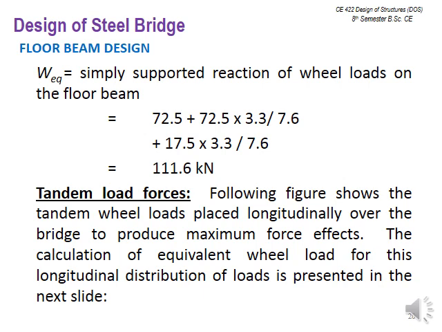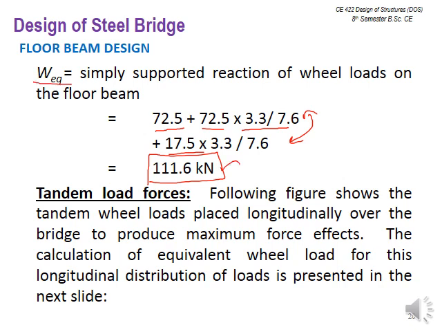So here you have the simply supported reaction of the wheel load on the floor beams. Similarly, by the ILDs, 72.5 but for the other it will be more than that, plus 17.5, for all three wheel loads you have to calculate. It will be 1.6 triple. So keep this equivalent load with you. This is called the equivalent load, W equivalent.